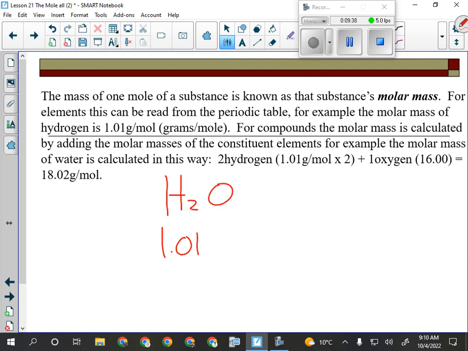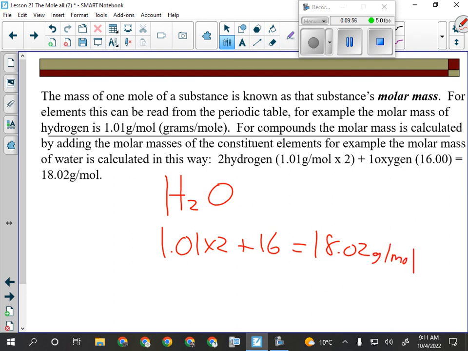And how many hydrogens are there? 2. So I'd multiply that by 2. And I would add to that the molar mass of oxygen, which according to your periodic table is 16, which would give me 18.02 grams per mole.